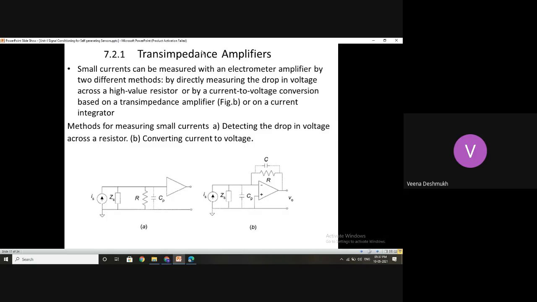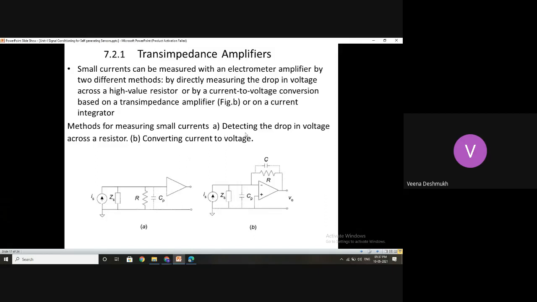Here, instead of simple pure resistance, an impedance is connected by making use of a proper value capacitance. By this, you can charge this capacitor using this current, and these charges now get converted to voltage. So this is how current to voltage conversion is possible with the help of op-amp circuits.